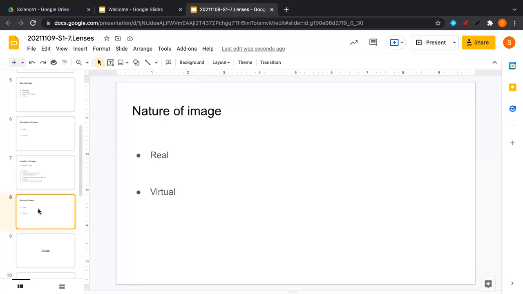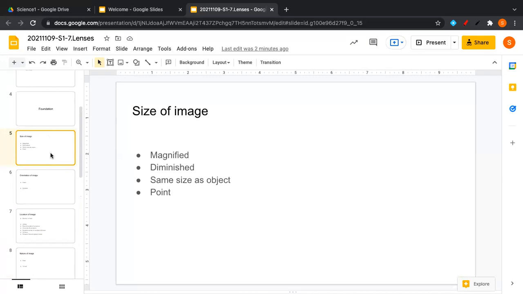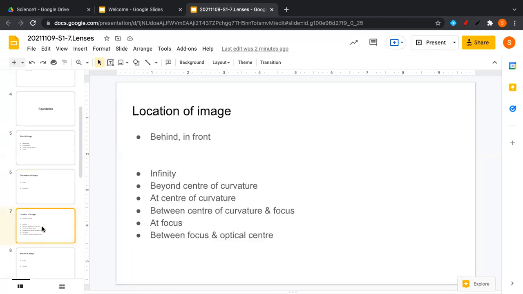So take a couple of minutes, reflect on all these terms: size, magnified, diminished, same size, point; orientation, erect, inverted; location, behind or in front, but that is very generic.